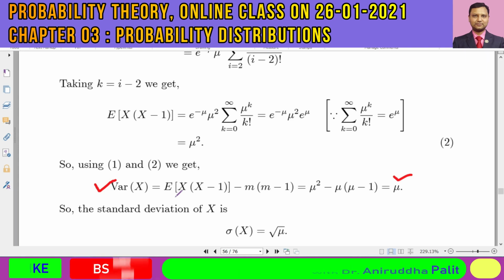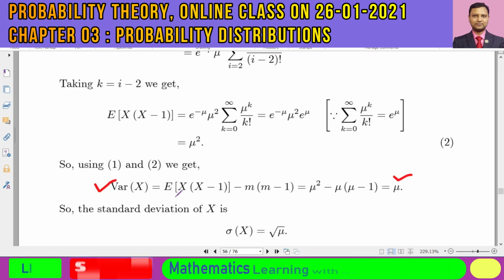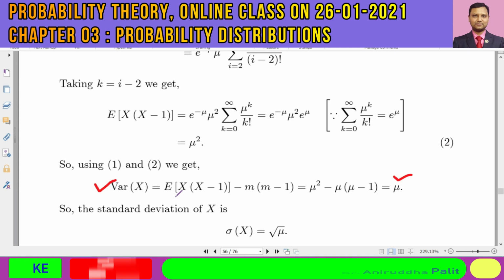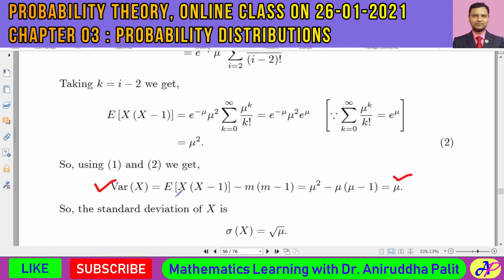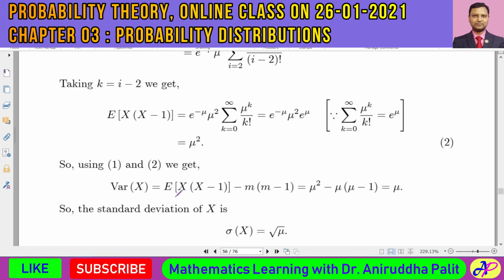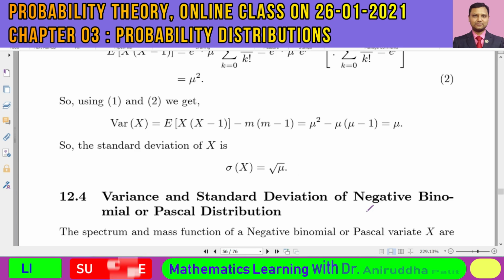It can be considered as the mean value of the distribution, and it can also be considered as the variance of the distribution. So the Poisson distribution is a particular case of those well-known distributions for which the mean value and the variance, both of these two quantities, become the same. And the standard deviation would be sigma equal to root over mu.